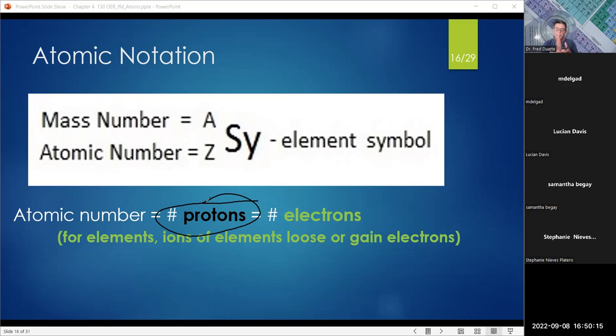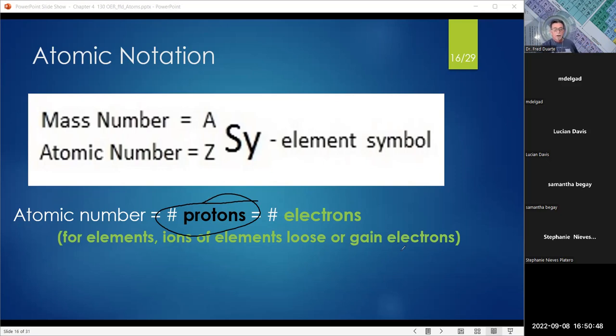The moment you gain a proton, you have made a totally different element. And so carbon, which has 6 protons, is still carbon, whether it's in the form of a big long chain hydrocarbon that you burn, or in the form of a fatty acid in our body. It is still carbon with 6. It's just in different forms, but it's still carbon.